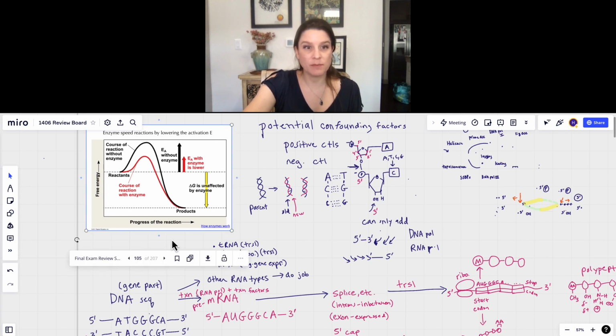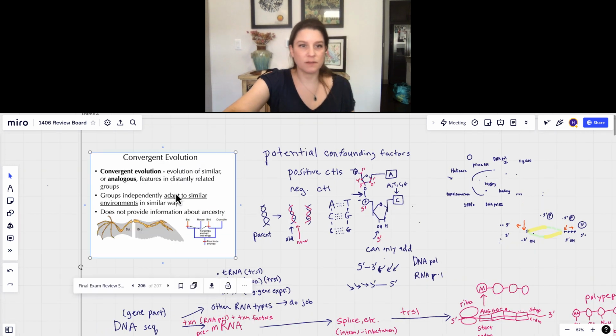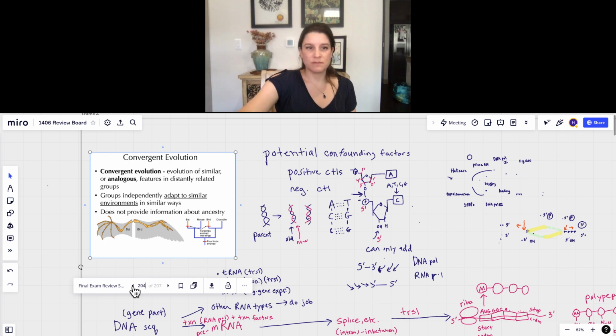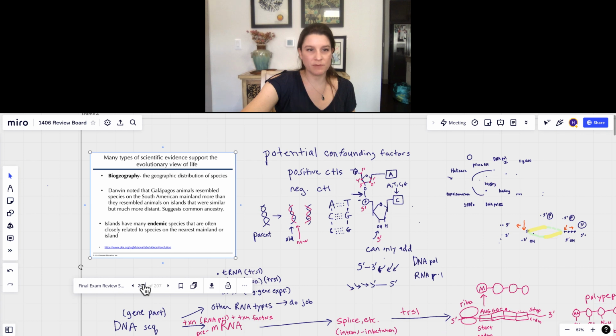I have example problems in here as well, so if you go to the slides with those, I don't know exactly where they are, but you can find them in the PowerPoint. You can actually download this too by pushing this download button. It'll download the PDF. I think this is also in the review information. Then there's the stuff about evolution at the end.